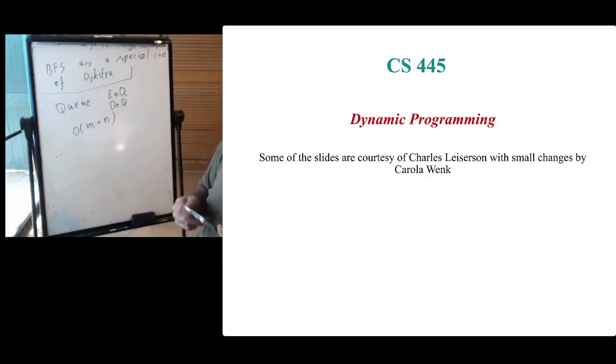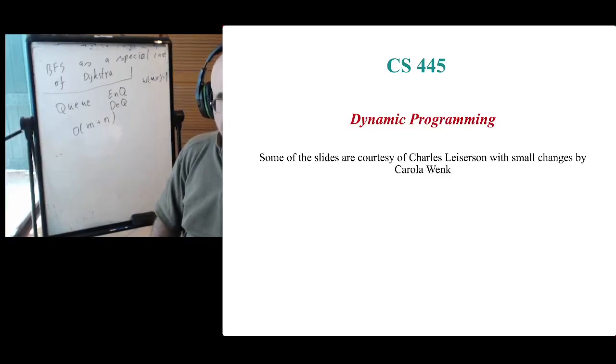I'm essentially running Dijkstra, but I notice that the cost of every edge, w(u,v), is always 1, so I don't really need the binary heap. I can use the queue. Please go over it. I found it very counterintuitive.